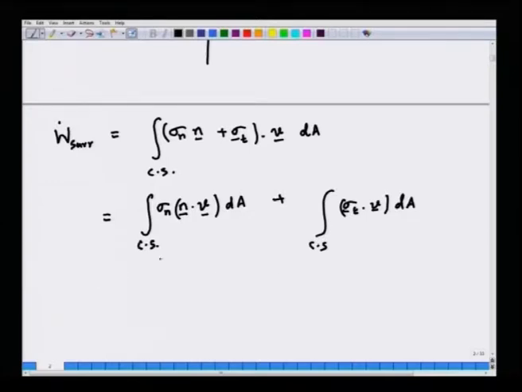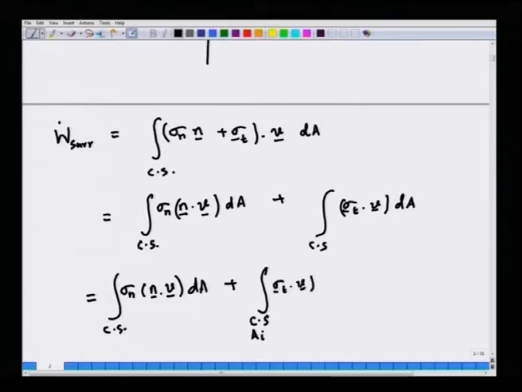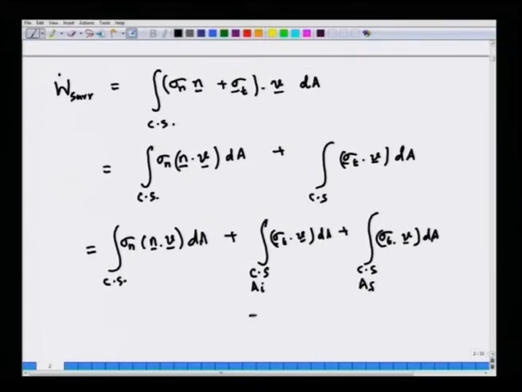Now, let us split this further. Sigma n n dot V dA plus, now let us split this control surface into control surface over internal areas dA, plus control surface over flow areas dA, plus control surface over shaft areas dA.